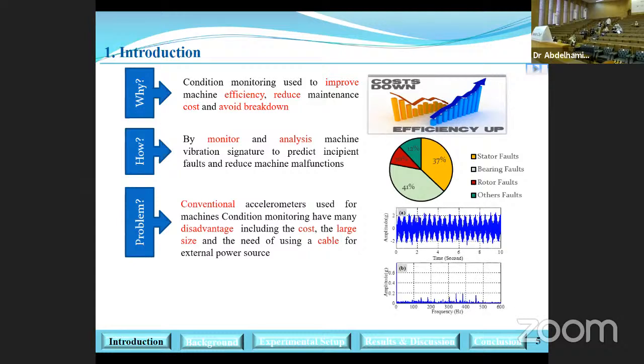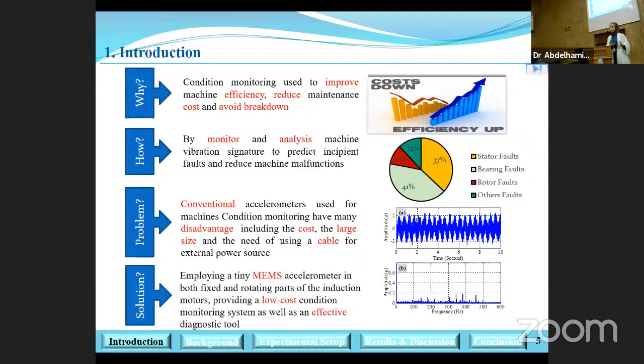If we use a conventional accelerometer to measure this acceleration signal, this accelerometer has many disadvantages like cost, large size, need for an external power source, and need for cable for the external power source. And to solve this problem, we use the MEMS accelerometer instead of it.